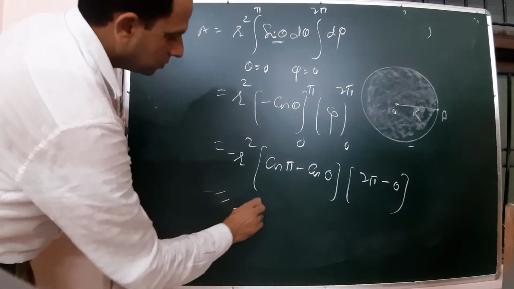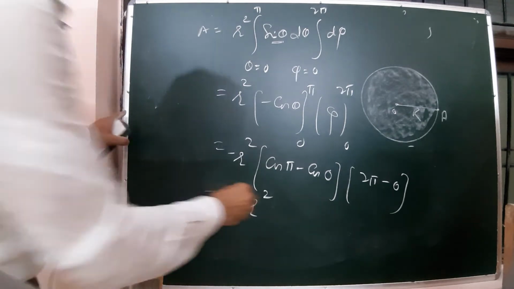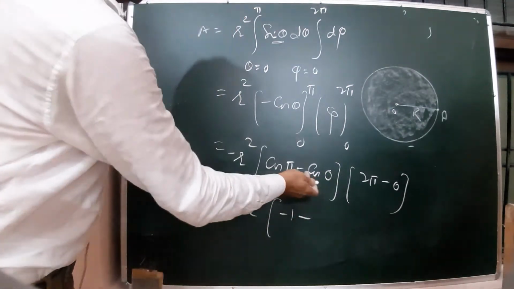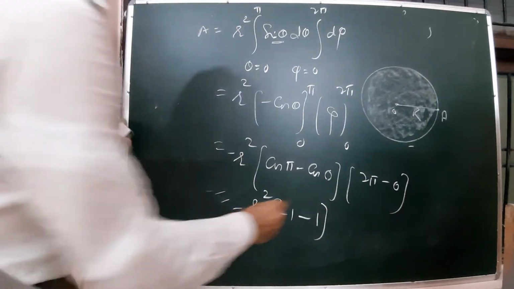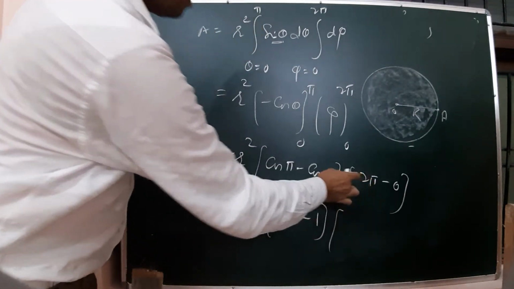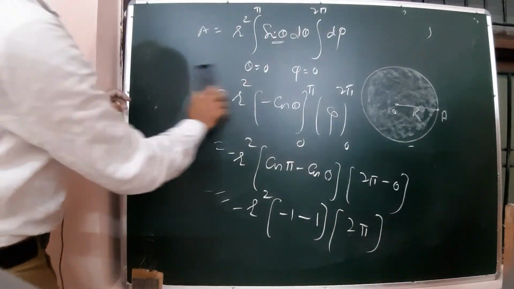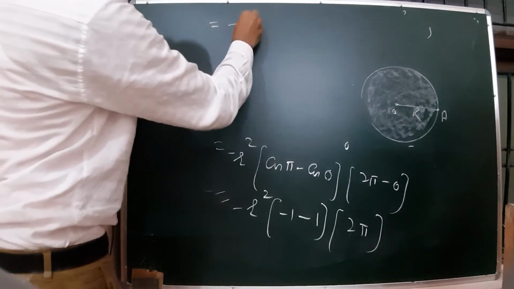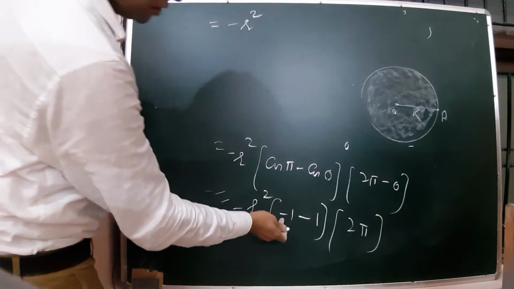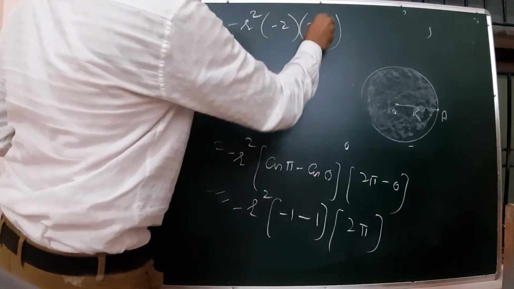Now, it is minus r square, and cos pi, you know that cos pi is minus 1, and minus cos 0 is 1, and it is 2 pi minus 0, that is 2 pi. Is it clear? And then it is minus r square minus 1, that is minus 2 into 2 pi.